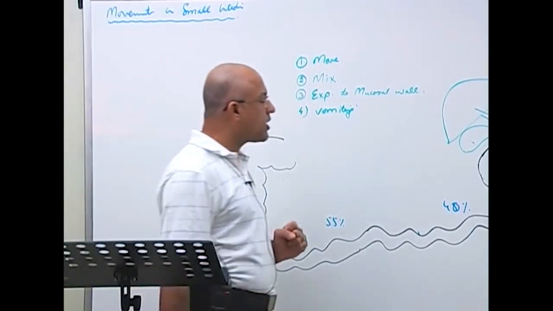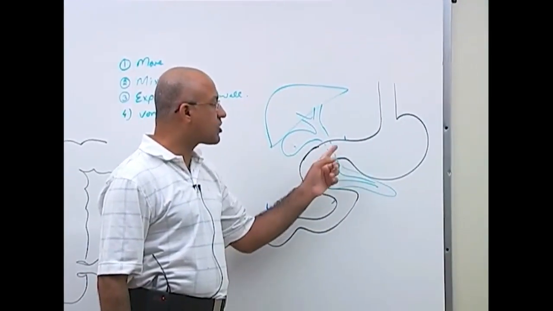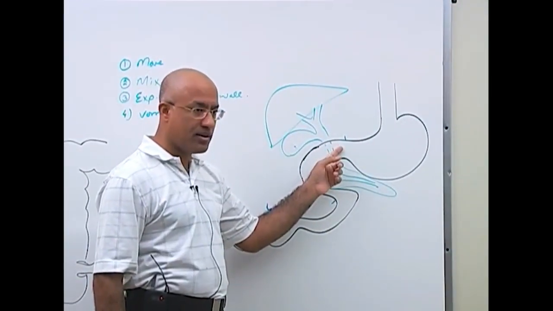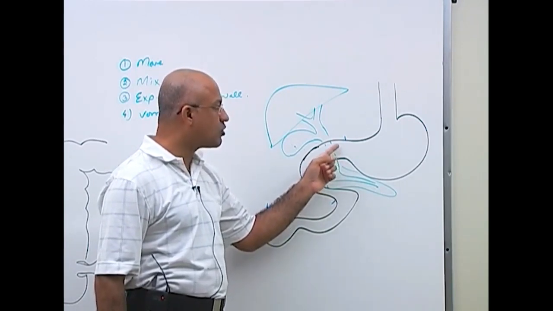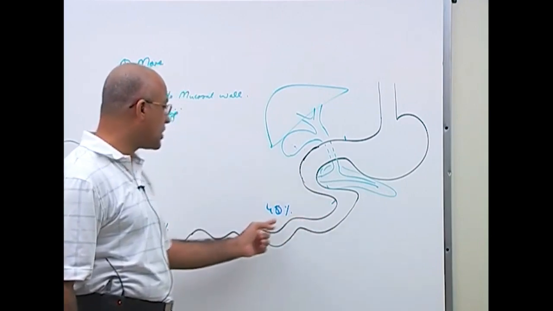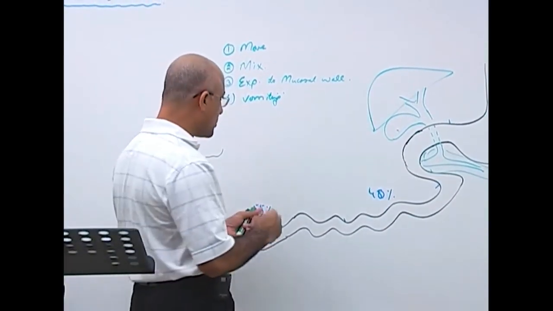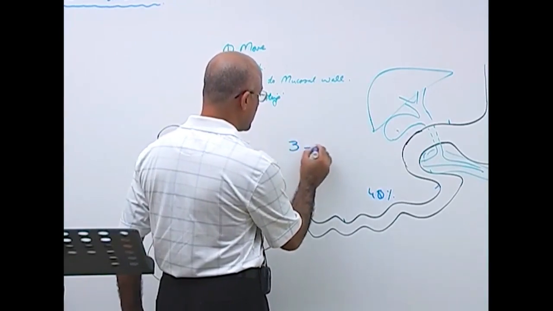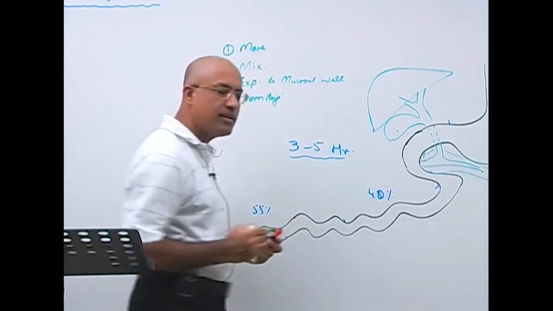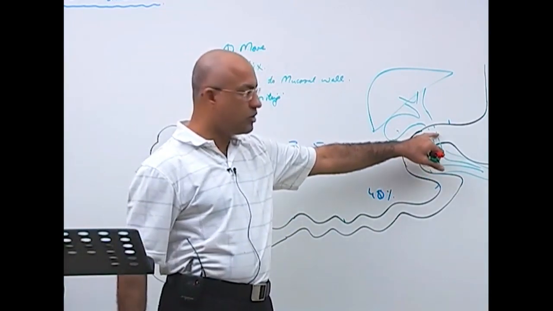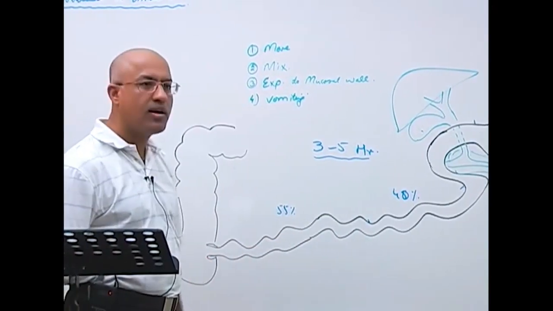Another concept which is very important to understand is that it usually takes 3 to 5 hours for the chyme, or contents of the small gut, to move from the duodenum through the jejunum and ileum up to the ileocecal valve.